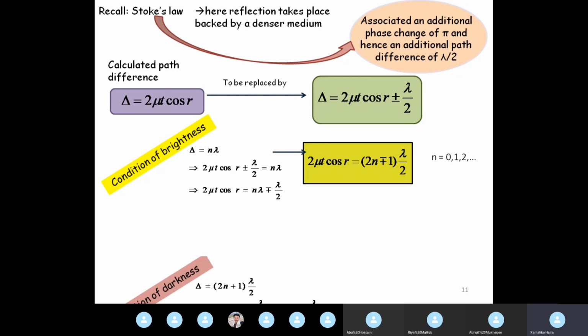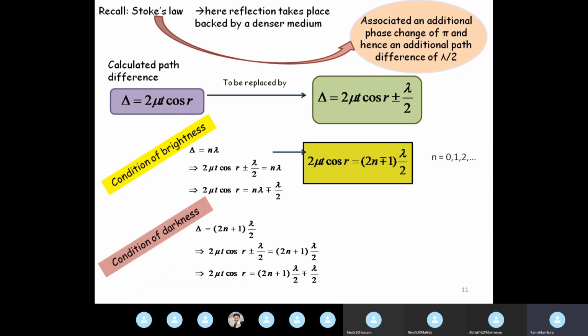And again we know the condition of darkness is path difference equal to 2n plus 1 lambda by 2, odd multiple of lambda by 2. So again we put the expression of delta, and finally we get the condition of darkness is 2 mu t cos r equal to n lambda, where n is again an integer. So you quickly get the conditions of brightness and darkness.